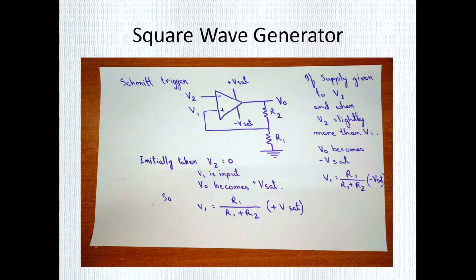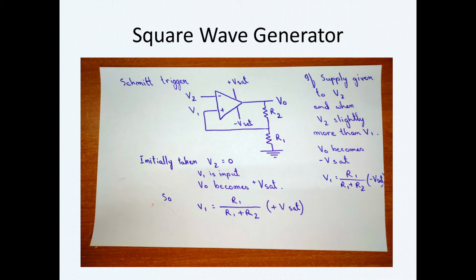So before we start the square wave generator circuit, first we'll see this circuit, which is basically an operational amplifier with a positive feedback. This circuit is also called a Schmitt trigger. In this circuit, initially we'll take V2 equal to 0, and here we can see that a fraction of V0 is given as input to the non-inverting terminal.